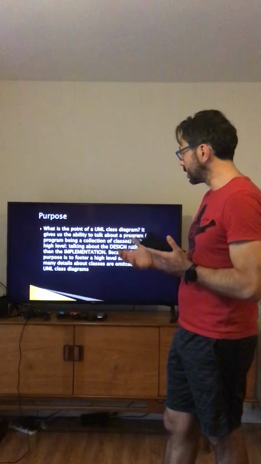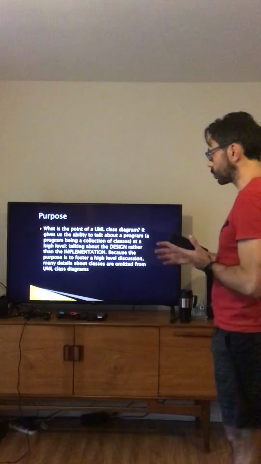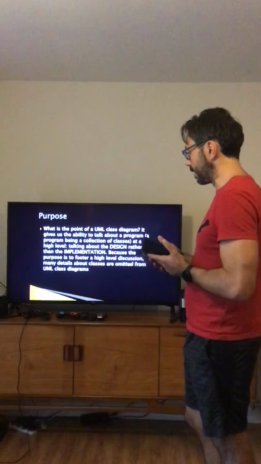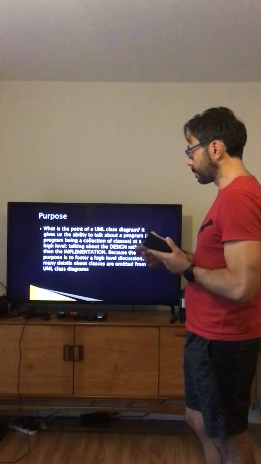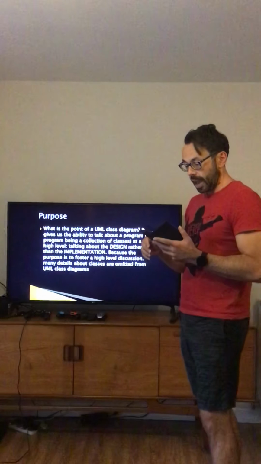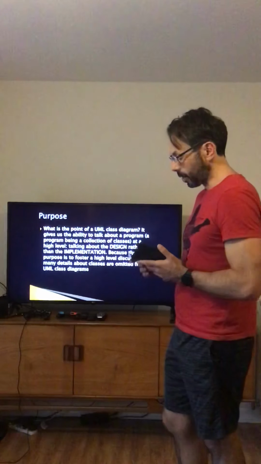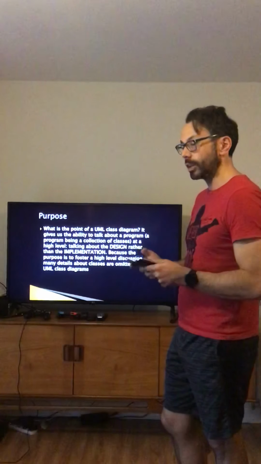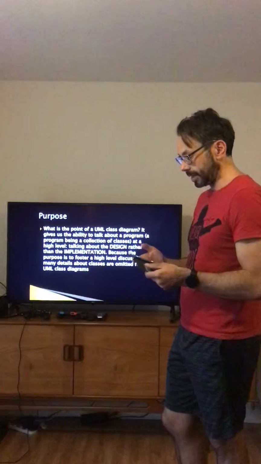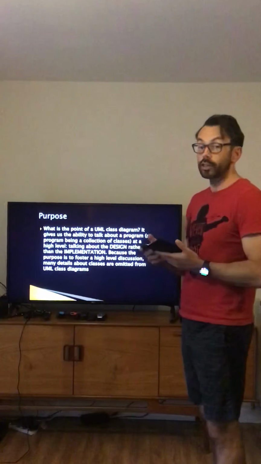It gives us the ability to talk about a program at a higher level of abstraction, so talking about the design rather than the implementation, because the purpose is to foster a high-level abstract discussion. Many details about classes can in fact be omitted from UML diagrams as well, but we will get into them at some stage. I believe it's lecture 6 or lecture 5.